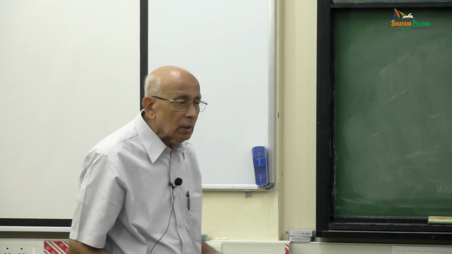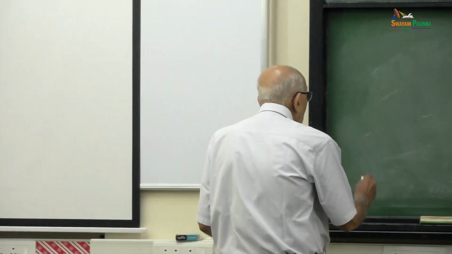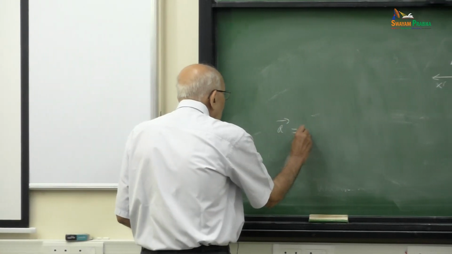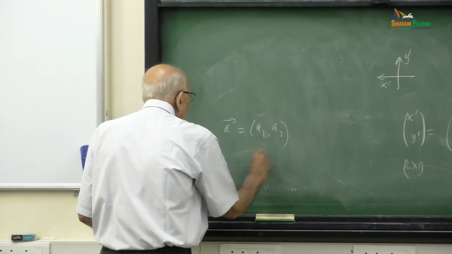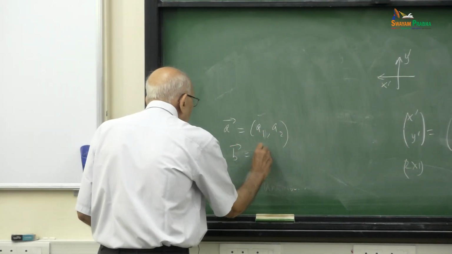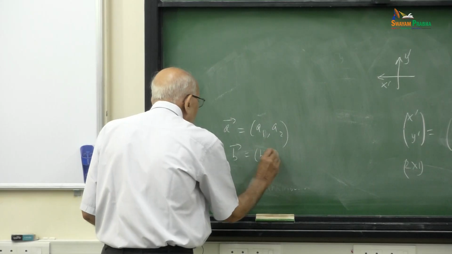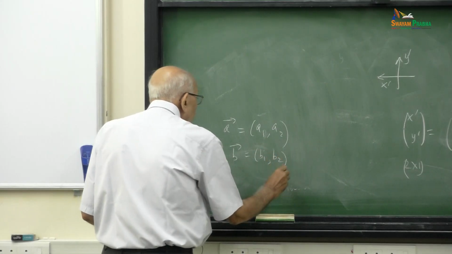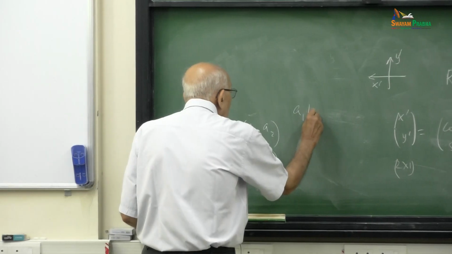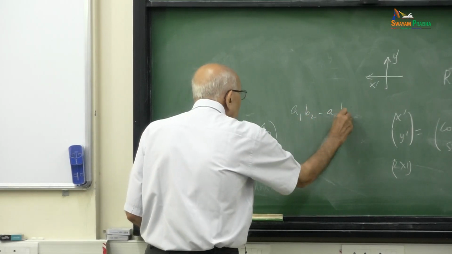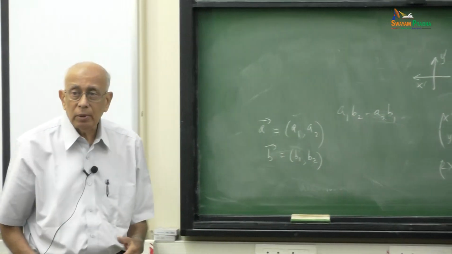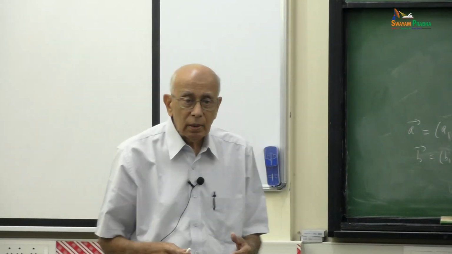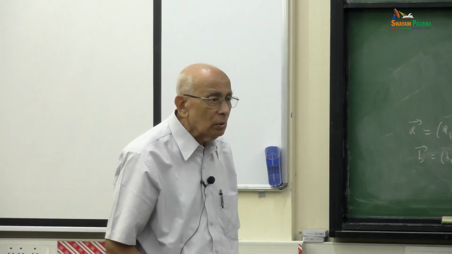So if you had a vector A equal to A1, A2, and B equal to B1, B2, then the combination you can form is A1 B2 minus A2 B1. That's the only combination you can form which involves both A and B and is linear in the two.